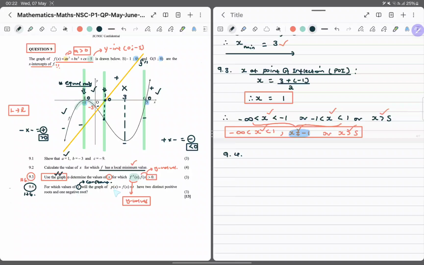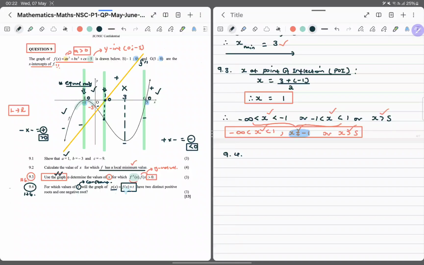Well, the graph of p of x, can you see it's a different function, but it becomes a transformed function of f, because now this is f plus t. Okay, let's remove these y values because they're interfering with the work here.